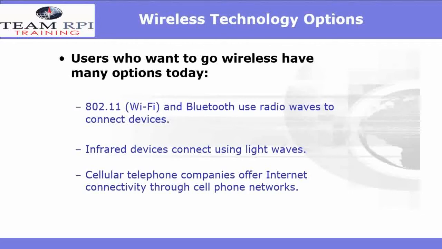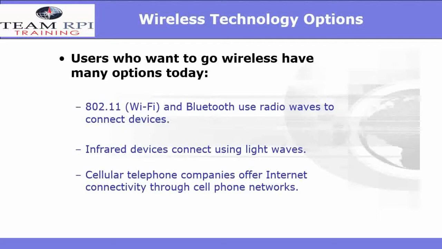Today, users that want to go wireless have several options to choose from, 802.11 all the way to Bluetooth. Even infrared devices can provide some limited wireless capabilities. Most telephone providers offer internet connectivity through their cell phone networks.